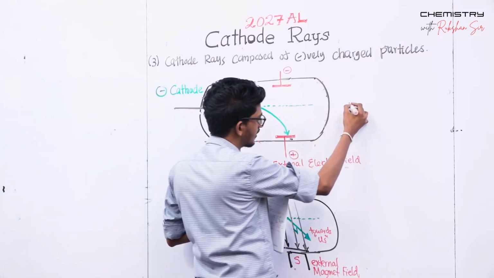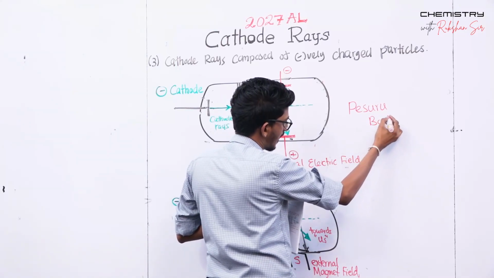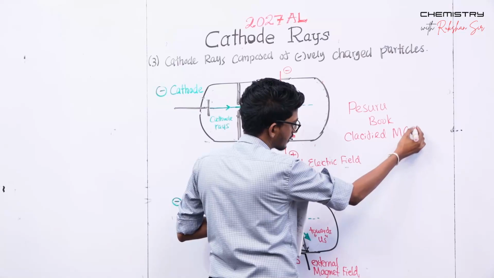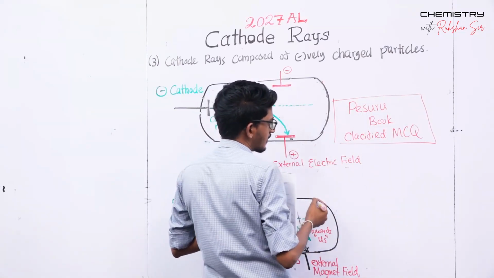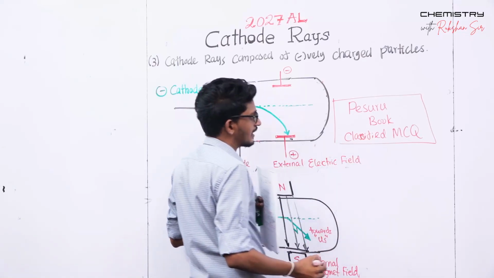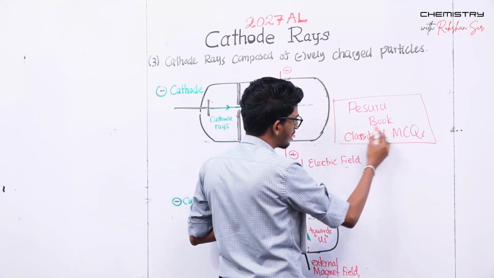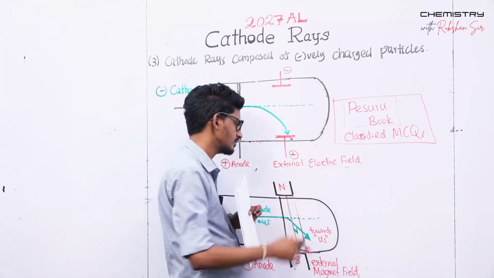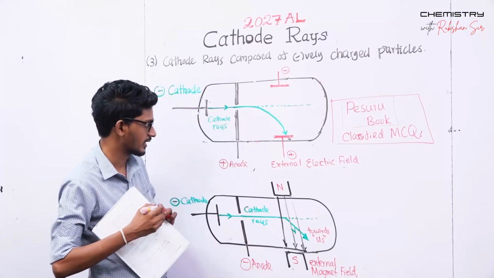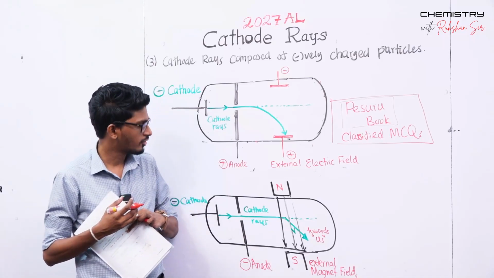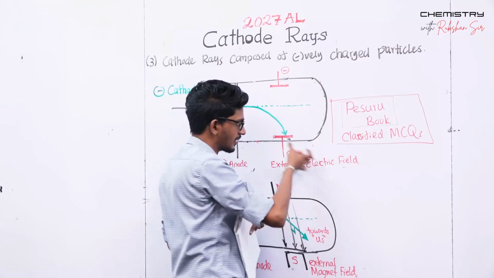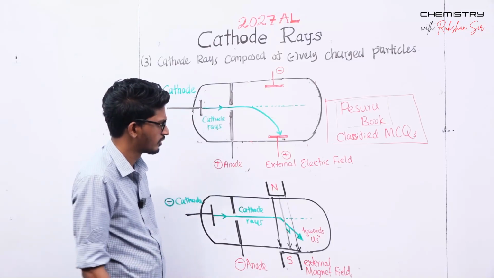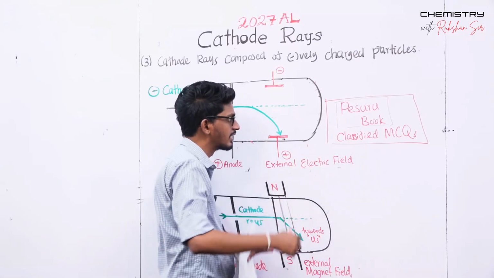Just go to a bookshop and ask for classified MCQs in A levels. That is the most common name, though some other books also exist. I'll also provide you the workbook and put it in the group after this class, where you will find all the questions asked on cathode rays.